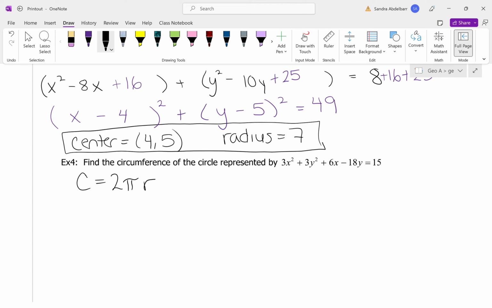You have to group the ones that have x and the ones that have y. You're exactly right. But before we do that, Eloise is on the right track. Michael? Yeah, we can make these numbers a little bit simpler by dividing by 3. And then we're going to have x squared plus y squared plus 2x minus 6y equals 5.